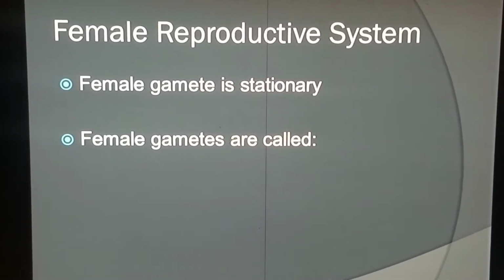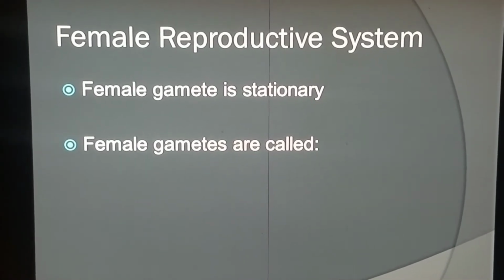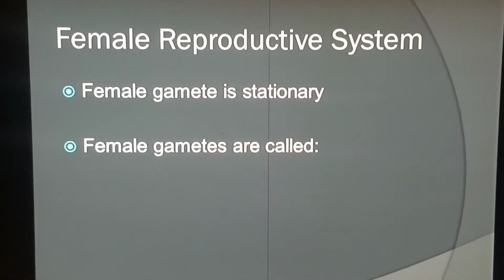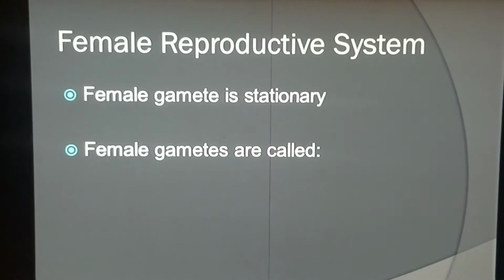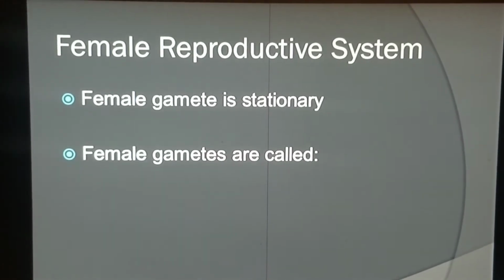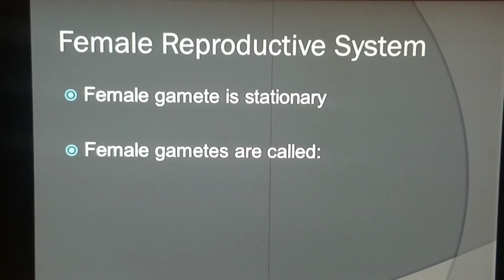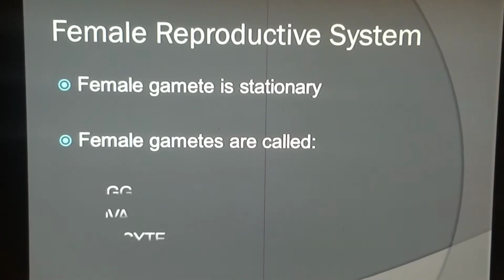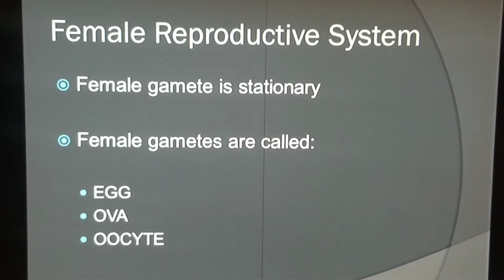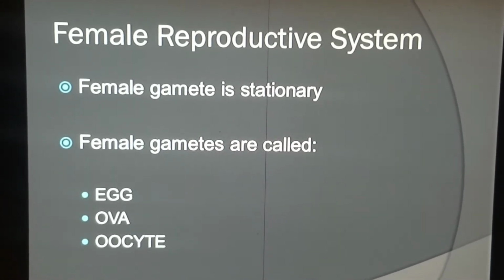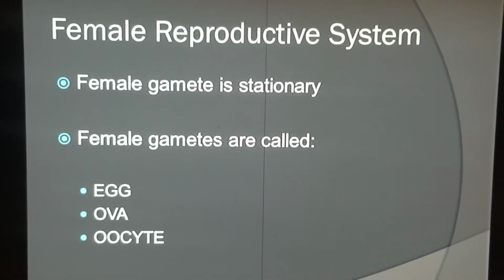Does anybody know? We have been using the term gamete, but I don't know if you would remember from the last lecture, the gamete is the sex cell. The female gamete is therefore known as the egg, sometimes called the ova or the oocyte.